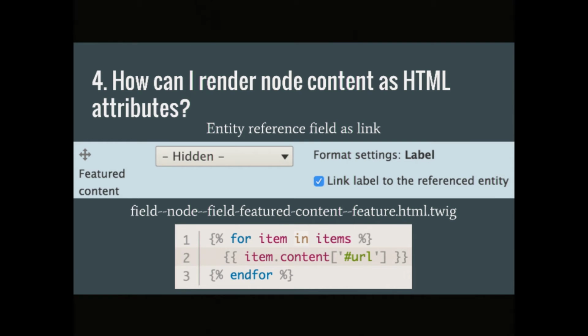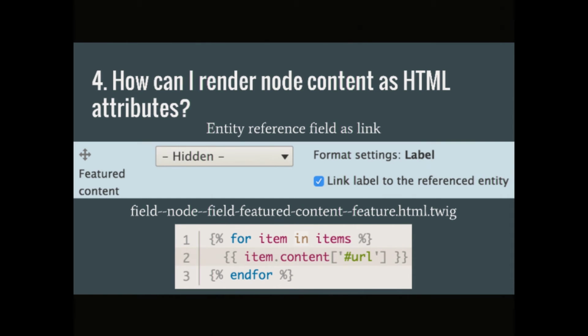Another example: if I have an entity reference field and I want to link to that reference entity. The way you do it is, feature content in this case is an entity reference field. I say that I want to hide the label, and in the format settings, I select label and link label to reference entity.